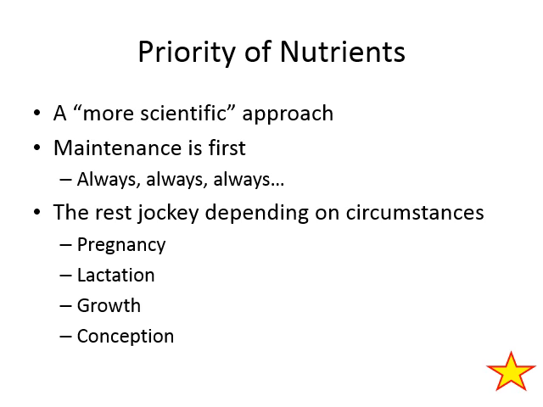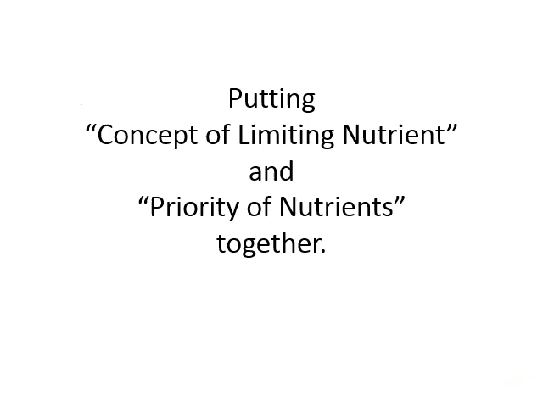And then the other states of being, pregnancy, lactation, growth, and conception, will jockey in priority depending on what stage of growth they're in, where they are in lactation, and what their energy balance is. So we might put that concept of a limiting nutrient and the priority of nutrients together.